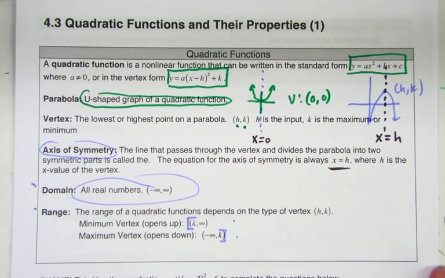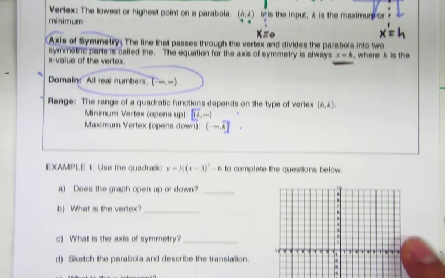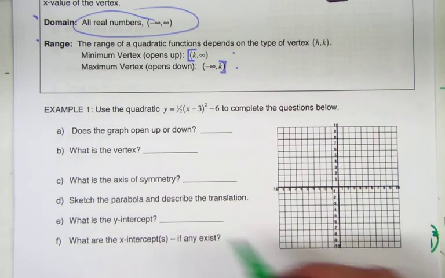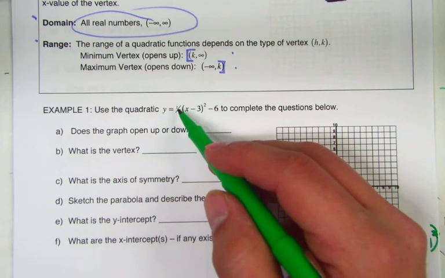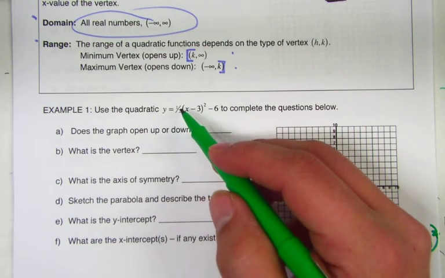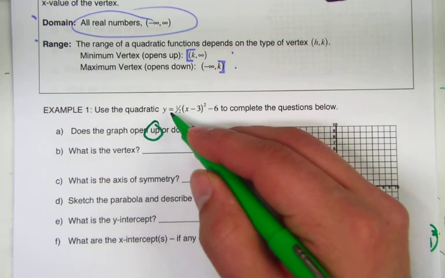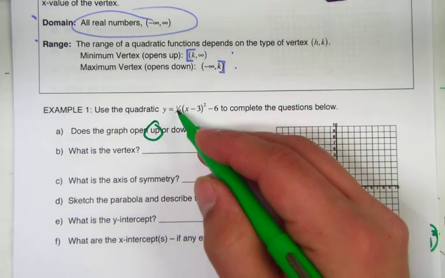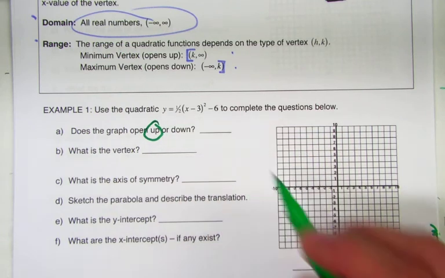Okay, so let's just do a couple of examples. One, which is fairly straightforward because it's already in vertex form, so we could answer a lot of this. So first, we know from experience, if this is a positive number, it opens upward. If this were a negative in front, we know that that's a reflection, so it opens downward. So if you see positive, it opens up. If you see a negative, then it's going to open down.